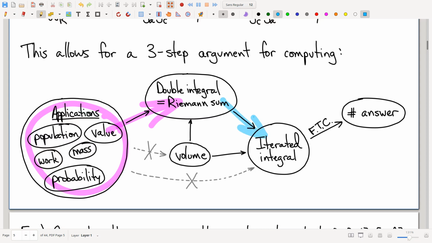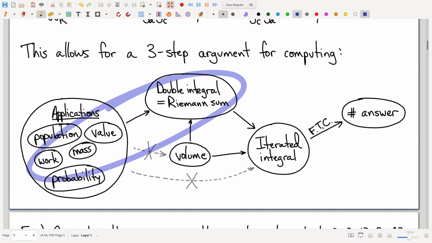Double integrals can always be computed with iterated integrals. Isn't that nice? And iterated integrals we can punch up with the fundamental theorem of calculus. That's the three-step process. There's a bunch of little details we had to deal with there, but very important sort of details. So remember, the reason we need double integrals is to connect to applications. Iterated integrals can't do it.